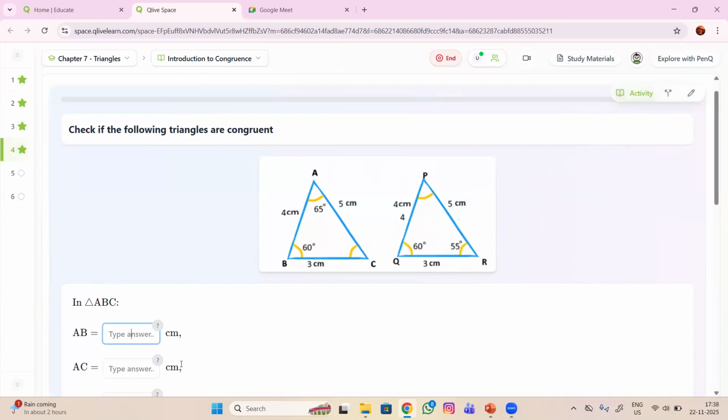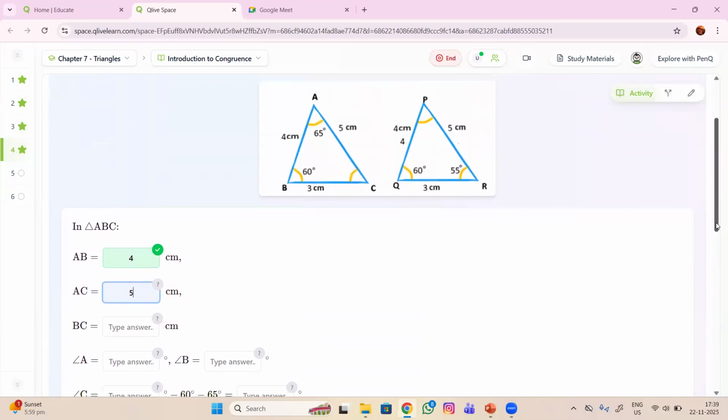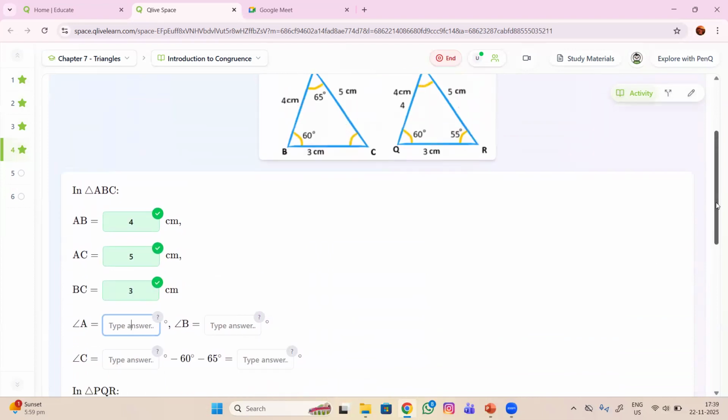So, what is AB here? 4. Very good. Then, what is AC here? Very good, 5. Then what is BC here? BC is 3. Very good. And angle A, what is angle A? Angle A is 65.